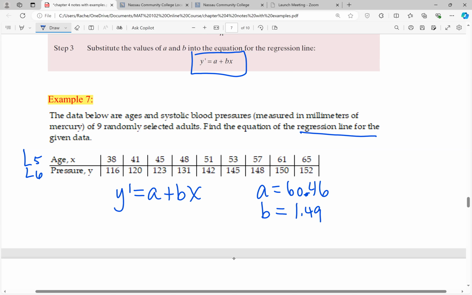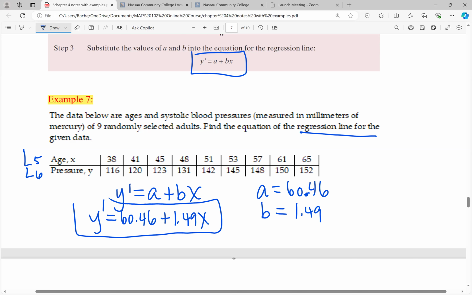So my equation is y prime is equal to 60.46 plus 1.49 times X. And that would be the linear equation that's going to best model age and blood pressure.